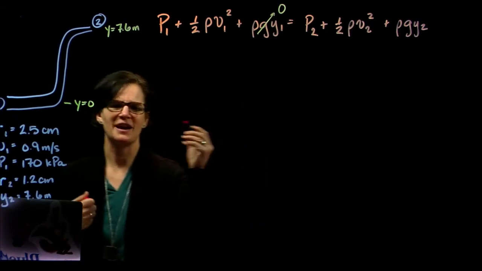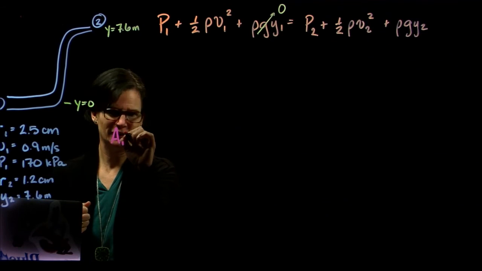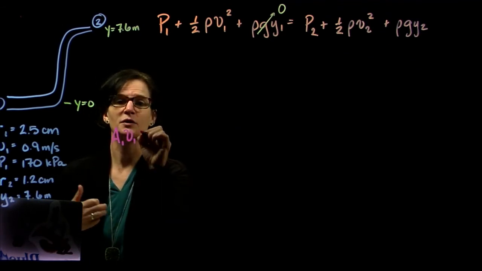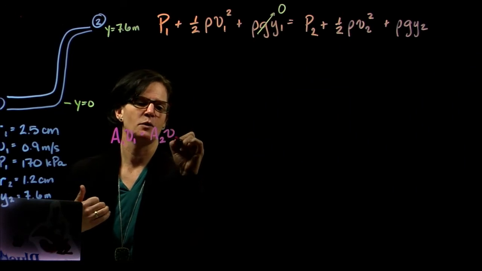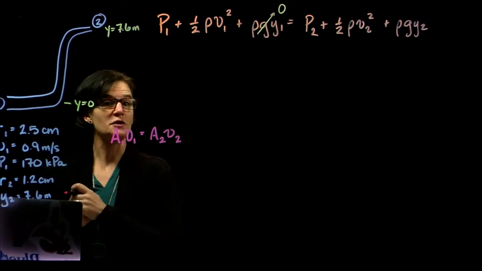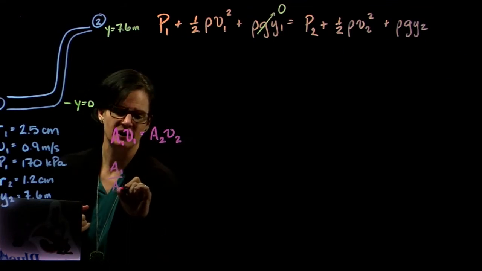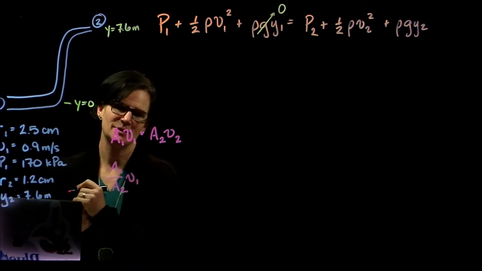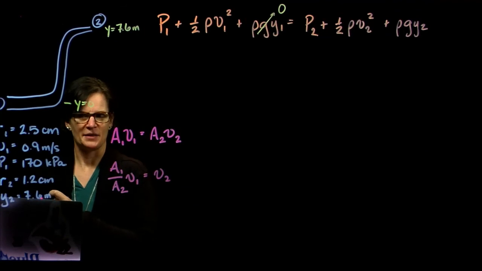Remember, the continuity equation told us that the area times the speed, so the bulk flow, has to remain the same: the area at a second point times the speed at that second point. We are interested in the speed at that second point, so the ratio of the areas times the speed at that first point is going to give us the speed at that second point.